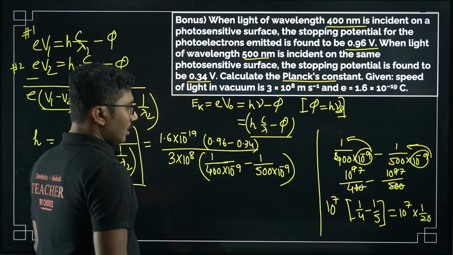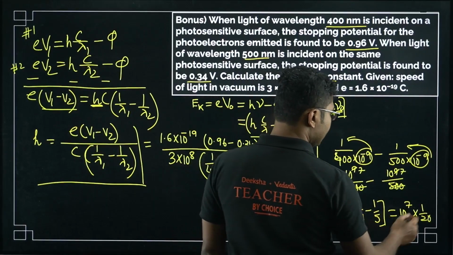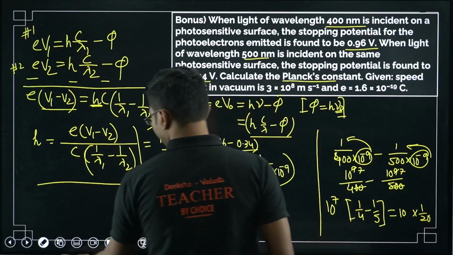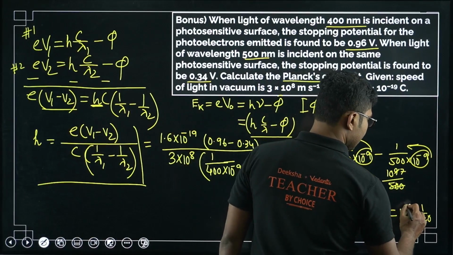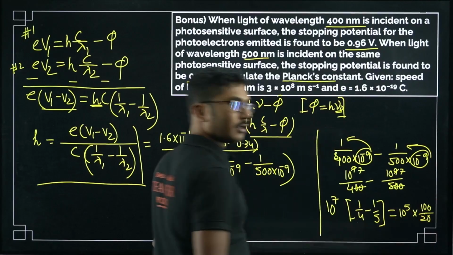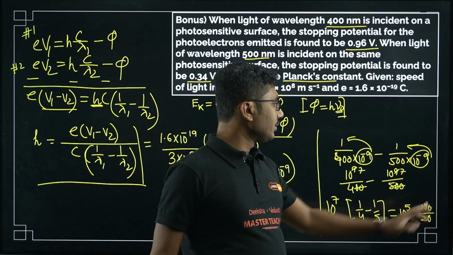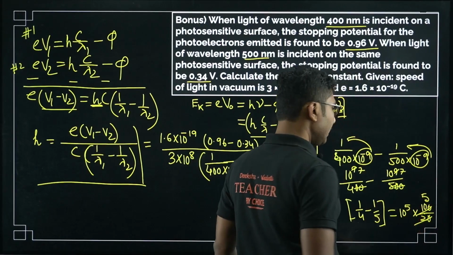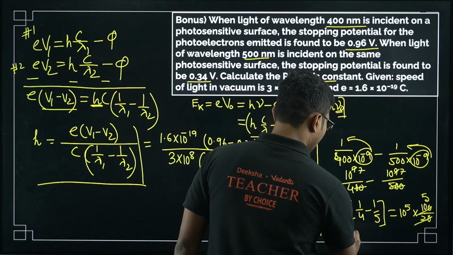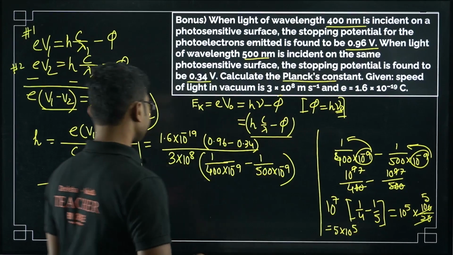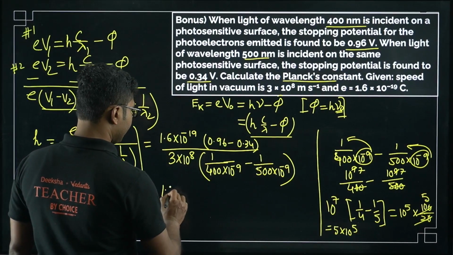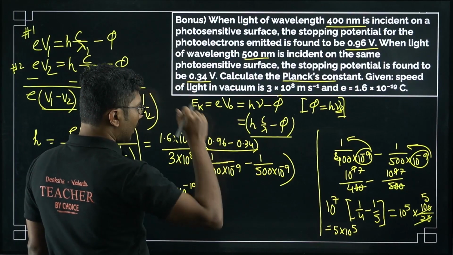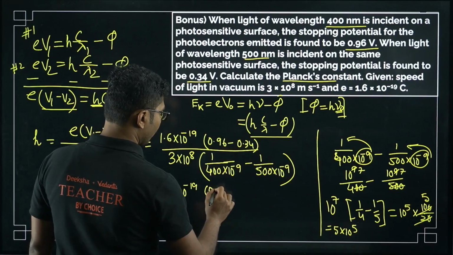Okay, and 10 to the power of 7 can be written as 10 to the power of 5 into 100. Okay, this is a style. So I have just taken 2 zeros and kept it here, so they will cancel. 5 20s are 100, so it will be 5 into 10 to the power of 5. So this will be 1.6 into 10 to the power of minus 19, and the division will be 0.62.